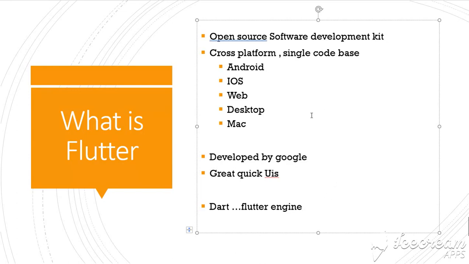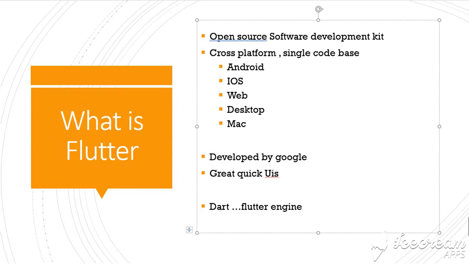Another important feature of Flutter is that it has two main frameworks for widgets, you can say. One is Material Design, which is from Google, and that is, of course, for Android kinds of applications or web.